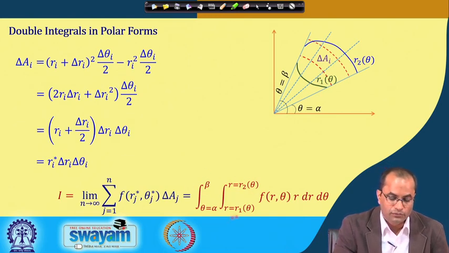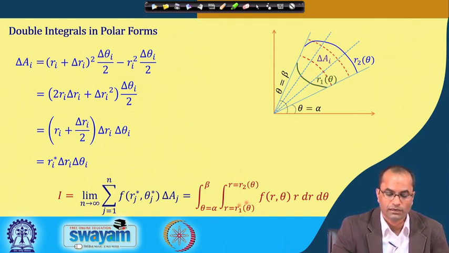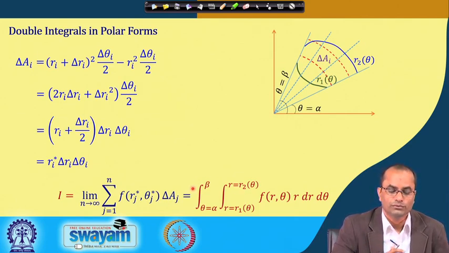And now the limits we have to consider for this domain are given in the polar form. So, it is very easy. For r, we are entering the domain from r_1(theta) and exiting the domain from r_2(theta), and theta varies from the angle alpha to beta.